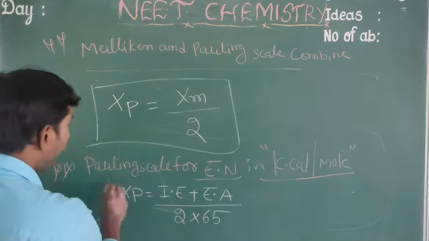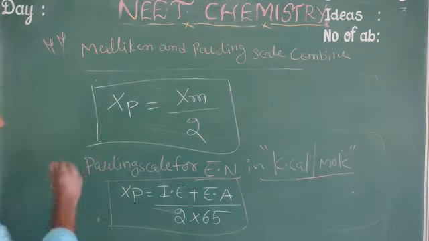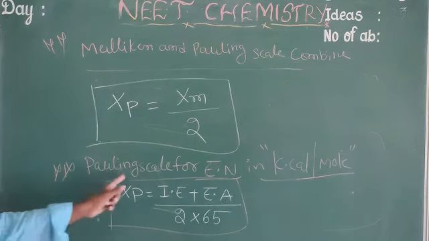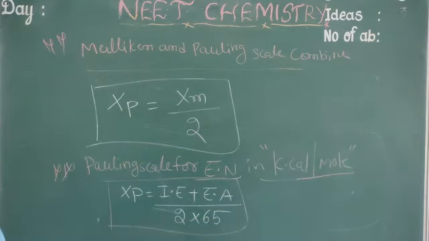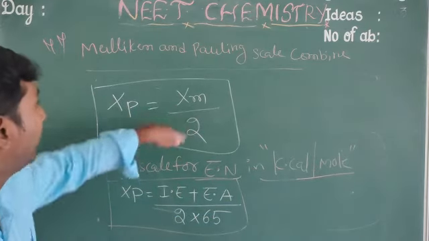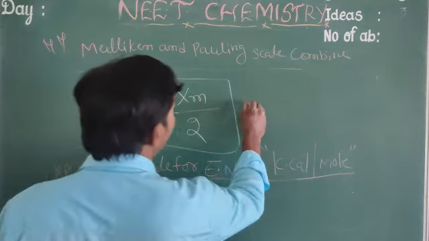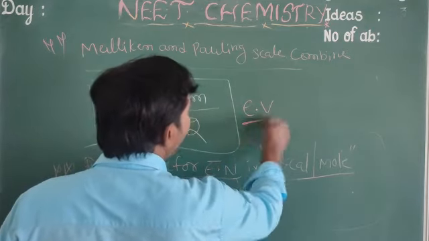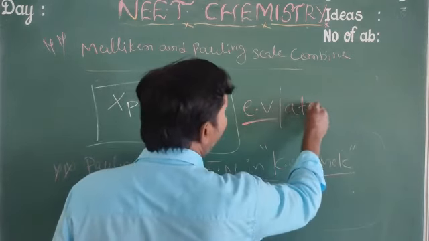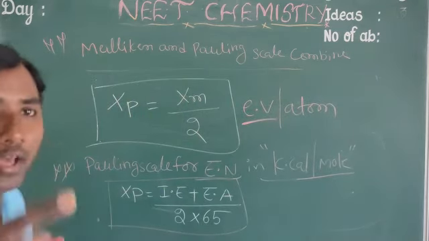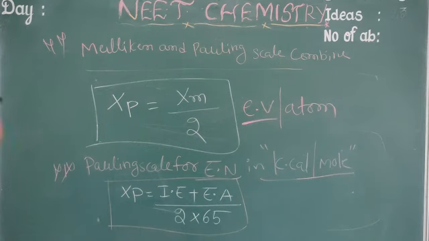In kilocalories per mole, this formula we have to use. Before, all were in electron volts per atom; the formulas before were for electron volts per atom.